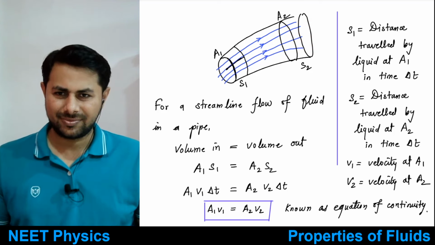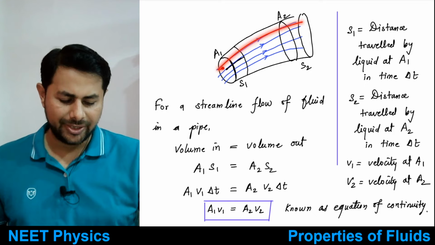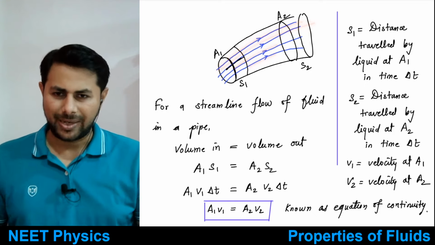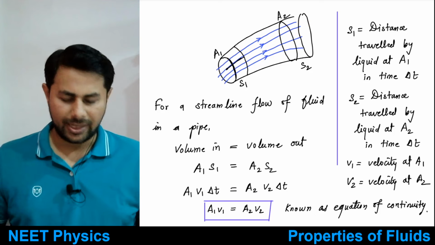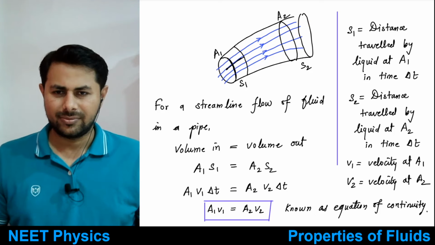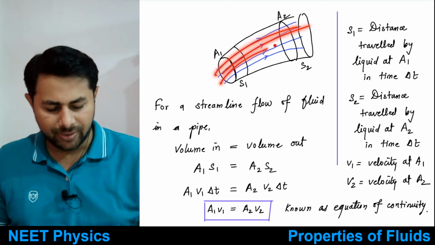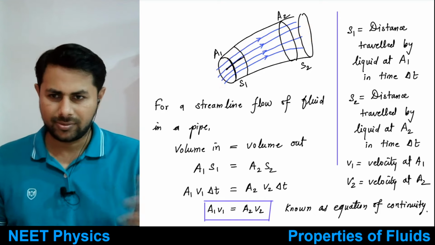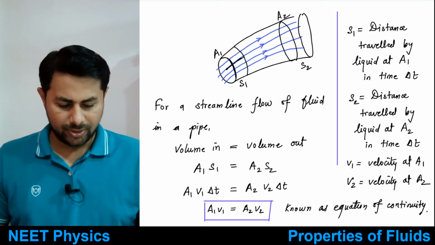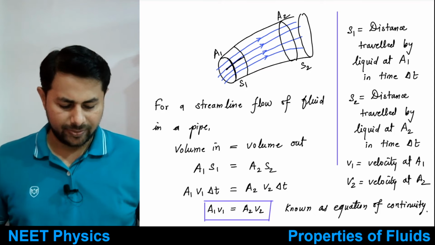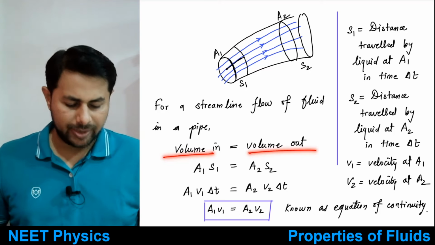If fluid is continuously moving through the pipe, then the pipe won't store any amount of fluid. So therefore the volume in would be equal to volume out.